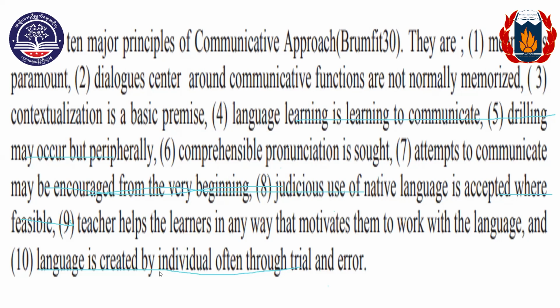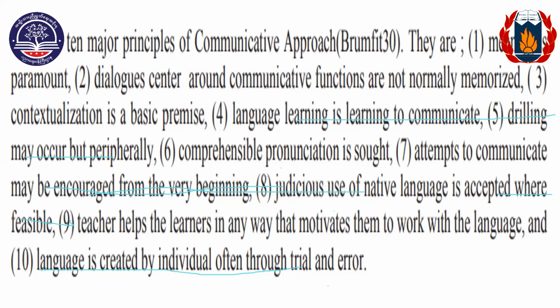Language is created through trial and error, right? It is difficult to say the student gets it right the very first time. So they are practicing through trial and error activities. These are the principles of Brumfit. Negotiating meaning is very important.